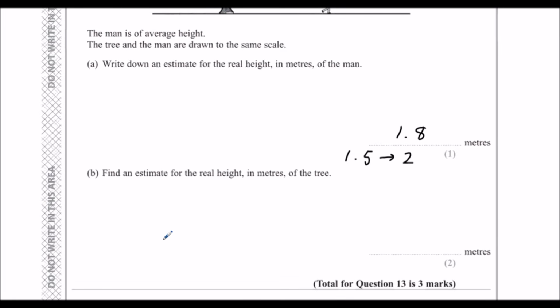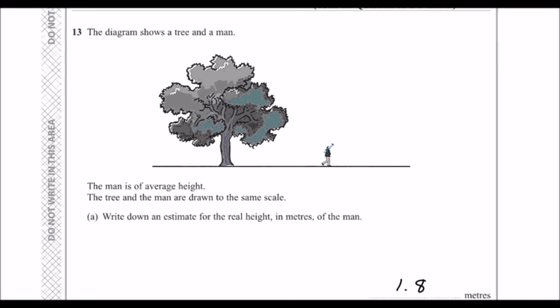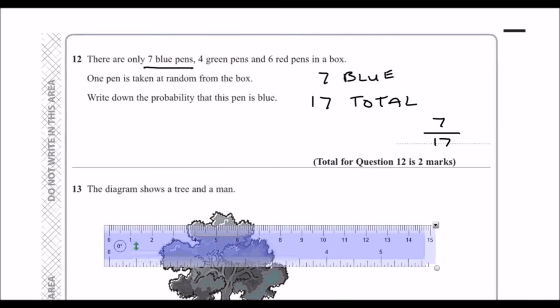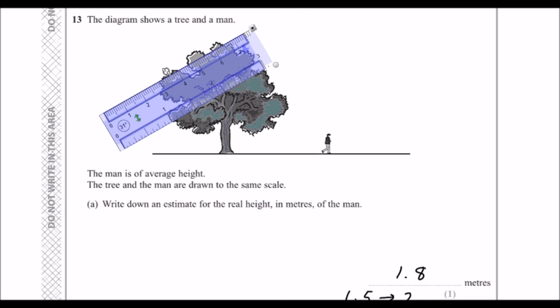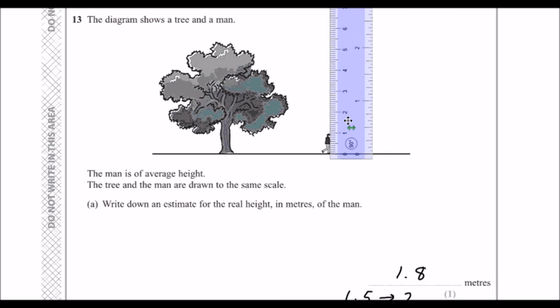Part B, find an estimate for the real height in meters of the tree. So we have to compare the height of the man to the height of the tree. So if you get your ruler, we're going to measure how tall the man is.